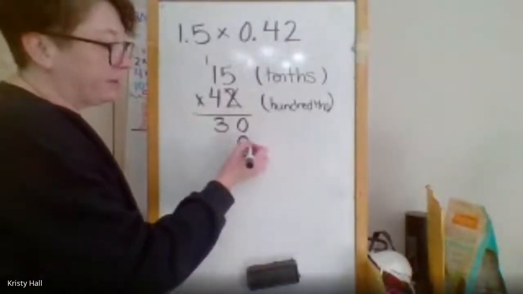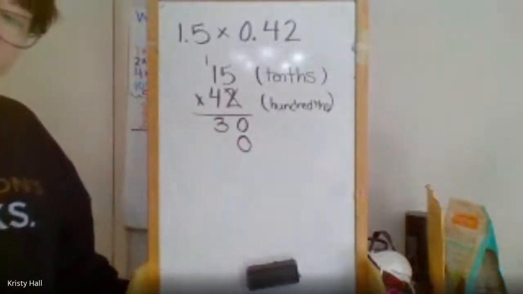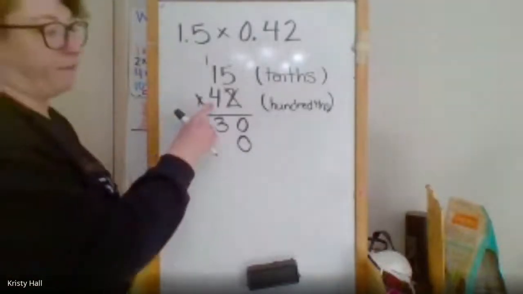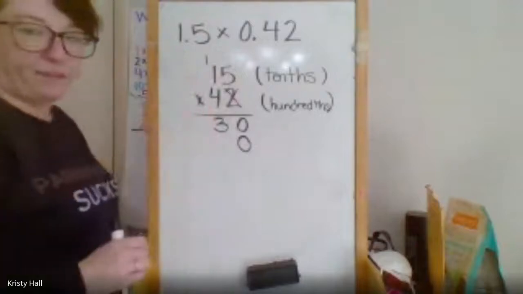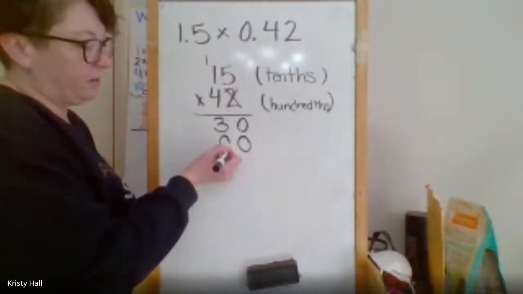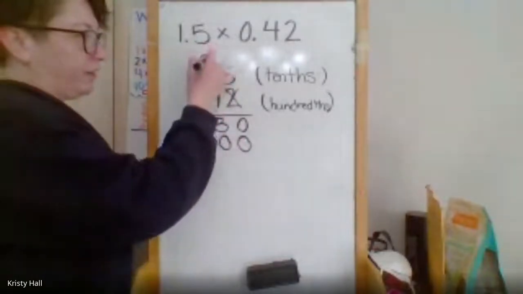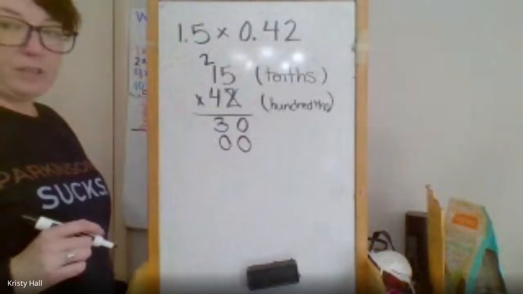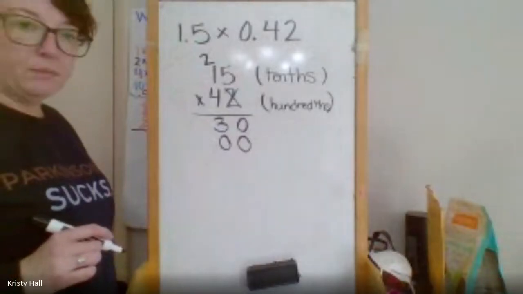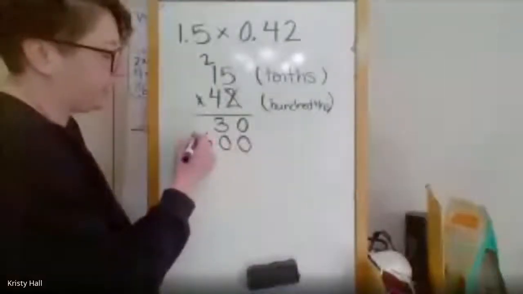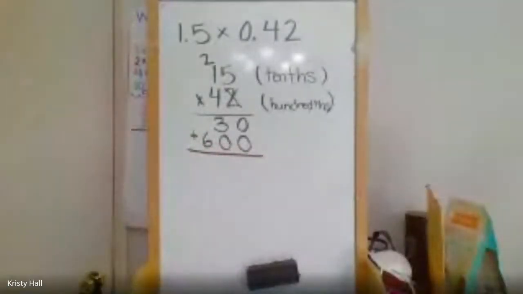So I'm going to put a 0 down here. And now I multiply by the 4. 4 times 5. I put down the 0 and I carry my 2. 4 times 1 is 4. Plus 2 more is 6. Okay. Go ahead and add.